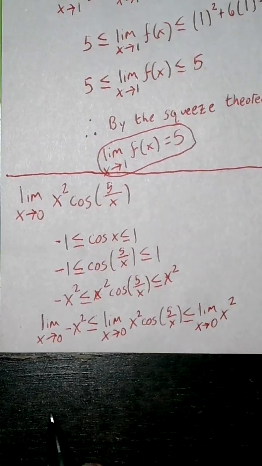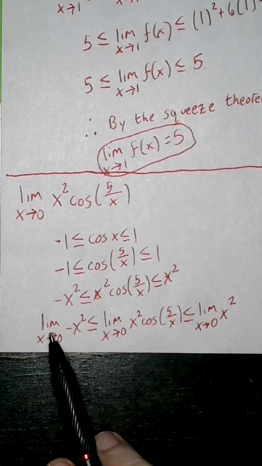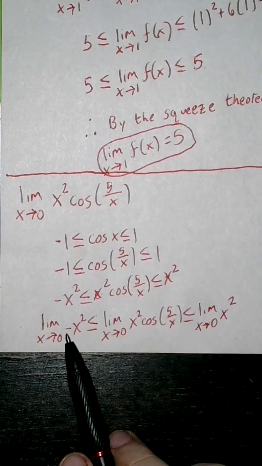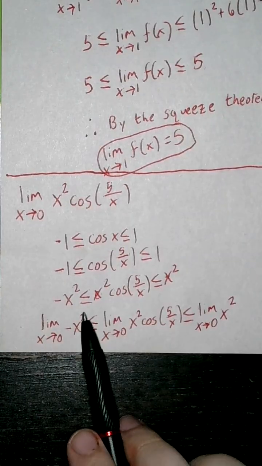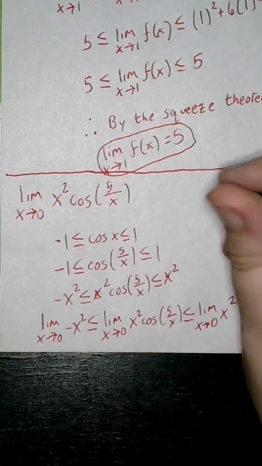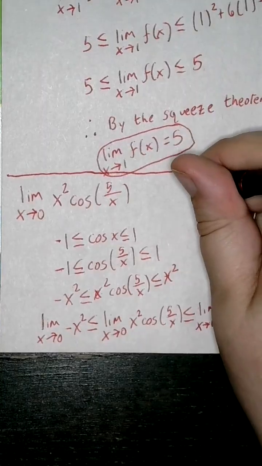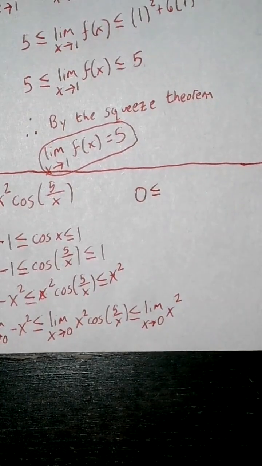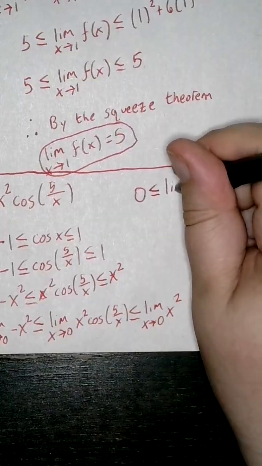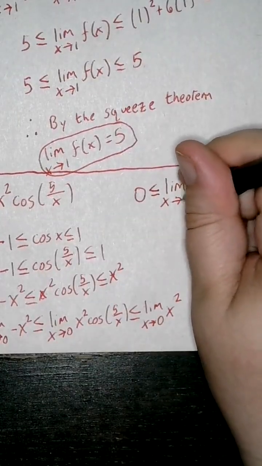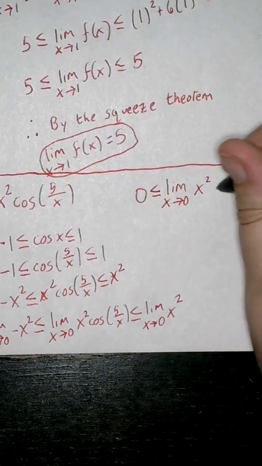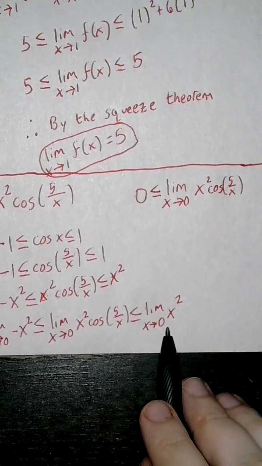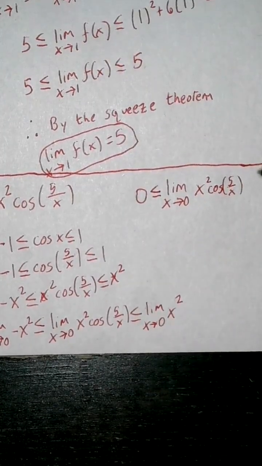So here, I have the limit as x approaches 0 of negative x squared. If I plug in 0 here, I get 0 squared is 0, and negative 0 is just 0. And then for x squared cosine 5 over x, if I plug in 0 here, I get 0 squared, which is also 0.